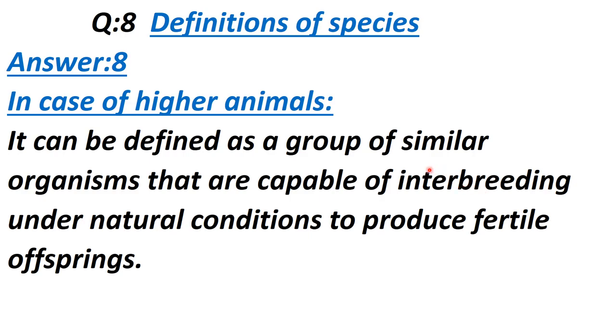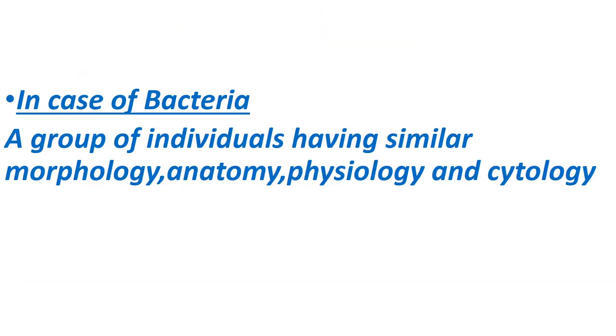But can we use the term interbreeding in case of bacteria? No, because bacteria are asexually reproducing organisms. That's why the definition of species in case of bacteria will change. So what is a species in case of bacteria?